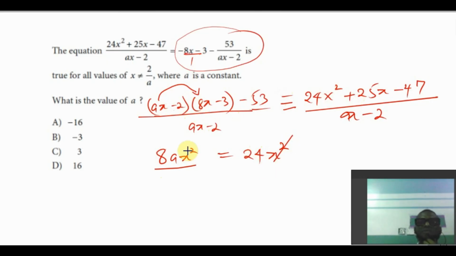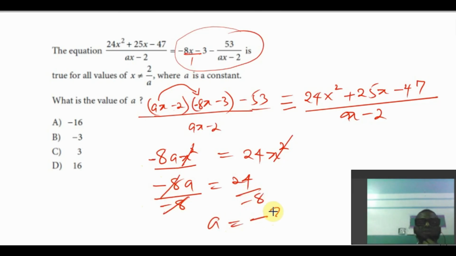So if I eliminate these squares, remember this is minus, I will have minus 8a is equal to 24. When I divide both sides by minus 8, this will cancel this, so my a becomes minus 3. So this is my answer.